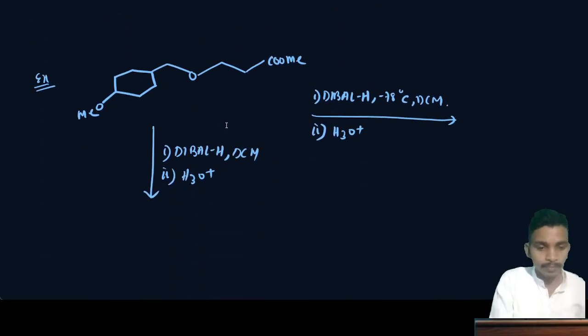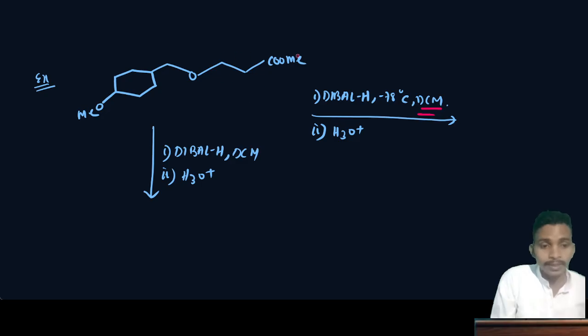Now again we have DIBAL-H and DCM, so we say that this is the solvent. That's why I always discuss what type of solvents are used, because sometimes giving the solvents tries to confuse. So I'm discussing every reagent and what type of solvents can be used. For DIBAL-H, -70 degrees and DCM is the solvent.